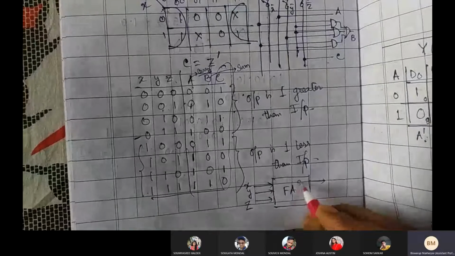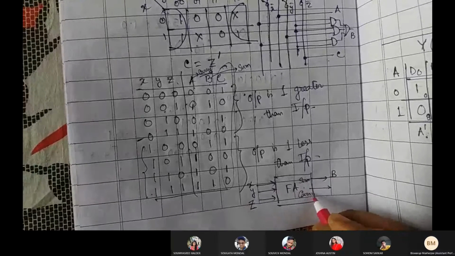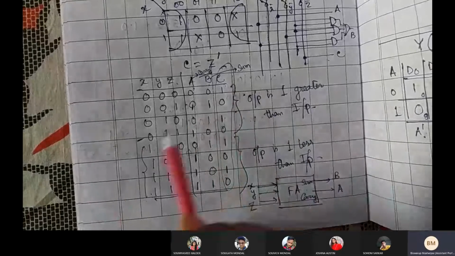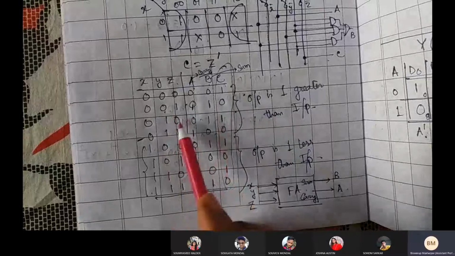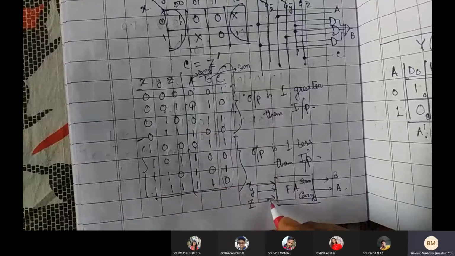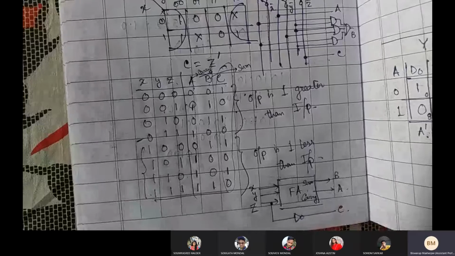So the sum output is nothing but b. The carry output is nothing but a, right? And what about c? C is just the opposite of z. You can see c is just the opposite of z.